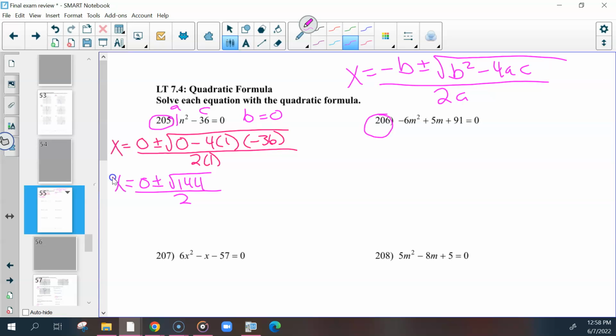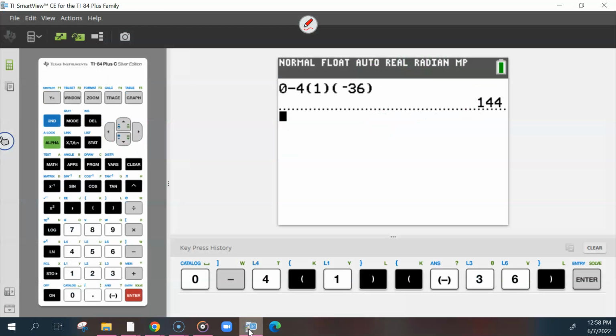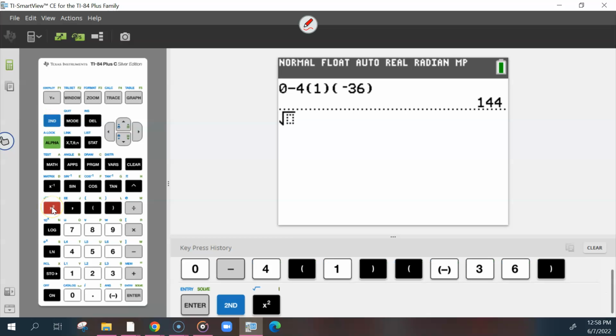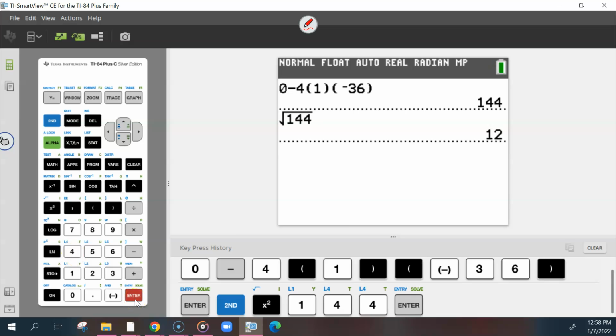If you know that this is a perfect square, you can go ahead and take that. If you're not sure, or maybe you don't remember all the perfect squares, you can do that in your calculator. Second, x squared will give you your square root, and that would give you 12.